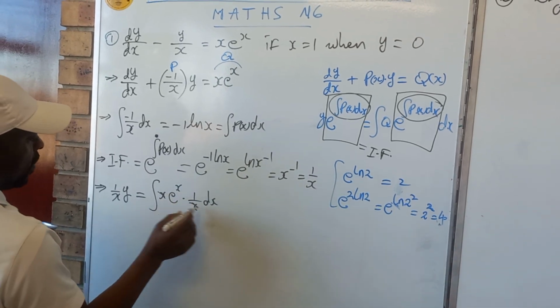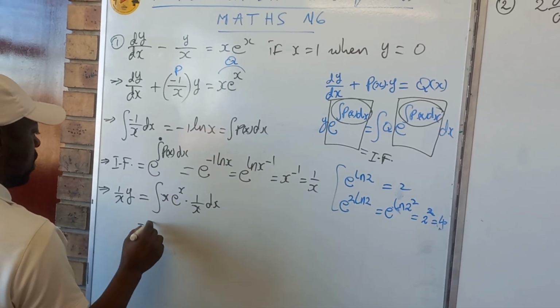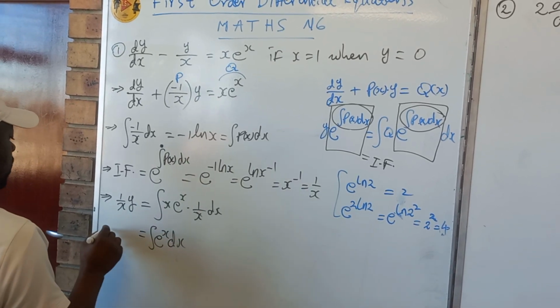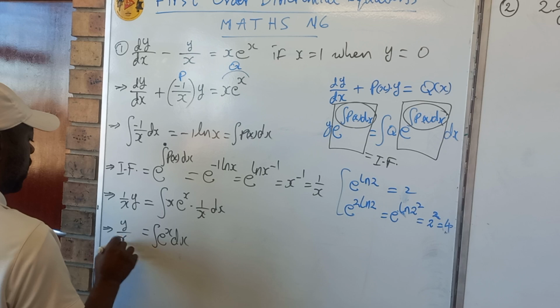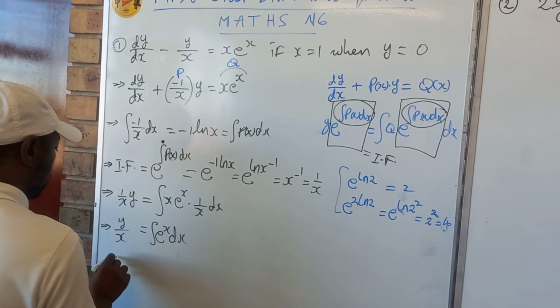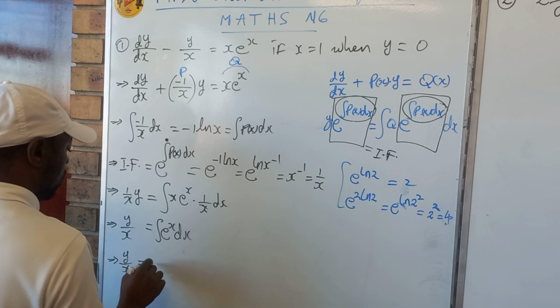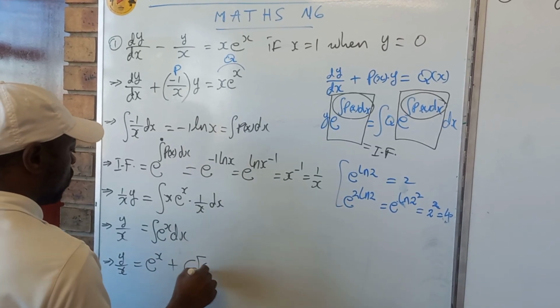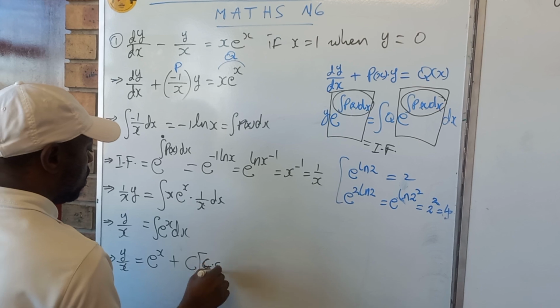So this will take care of that. So the right side reduces to the integral of e to the power x dx. The left side is simply y over x. Then if you integrate that, you will be getting y over x is equal to e to the power x plus c. So this is what we call our general solution.